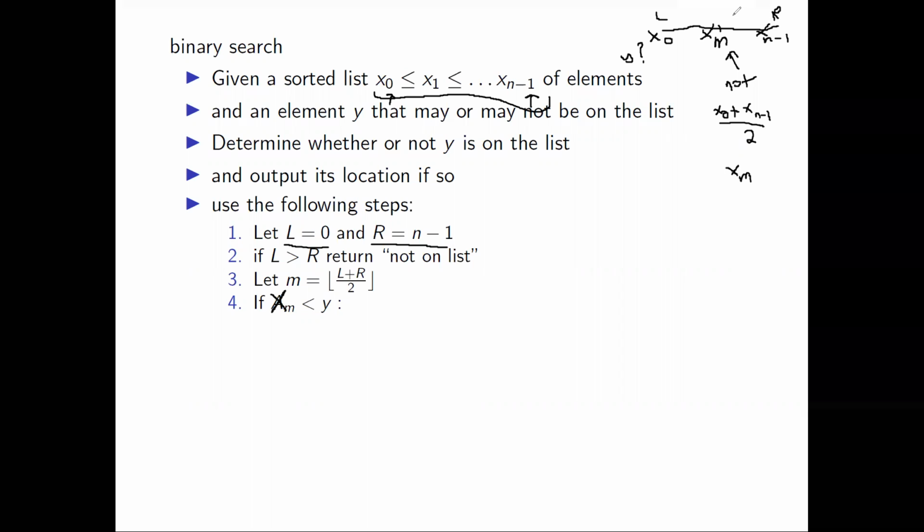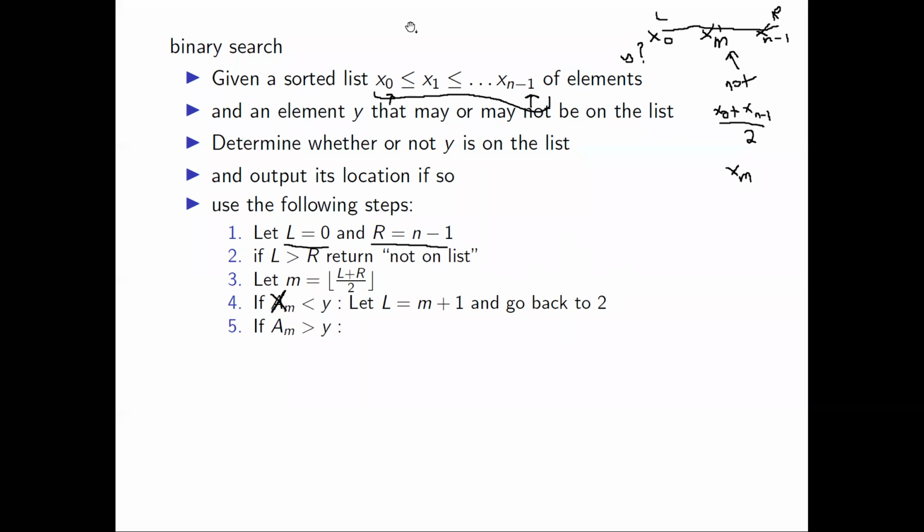If y is over here, then we want to move our left endpoint over here. In words, that means we let L equal m plus 1, and then we go back to step 2. This is when step 2 can apply, when we can actually return not on list: when we go to step 4, change L, and then go back to step 2.